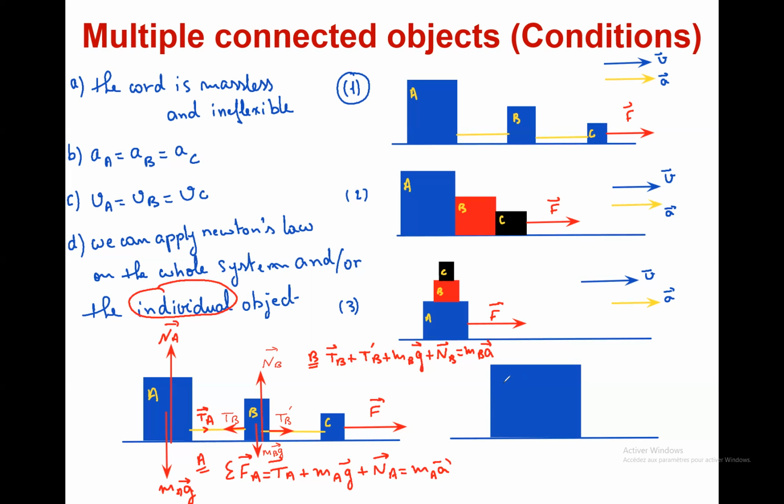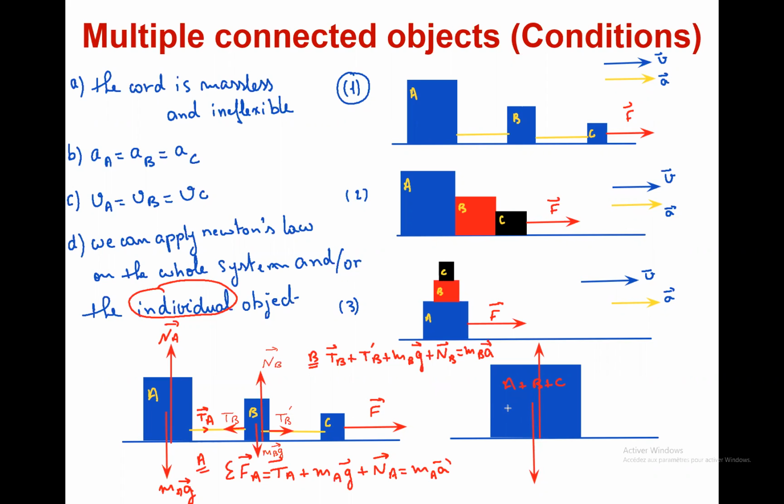So this system is A plus B plus C. We have here the total weight M capital G, the total reaction N, and be careful that we have F.